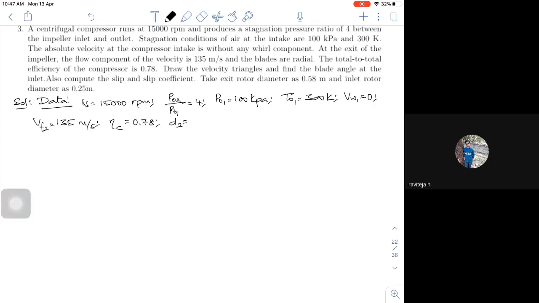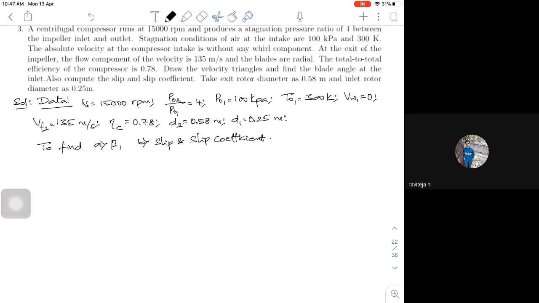D2 is equal to 0.58 meters and D1 is equal to 0.25 meters. What are we supposed to find? A, the blade angle at the inlet, theta 1, and B, the slip and the slip coefficient, that is sigma and phi.